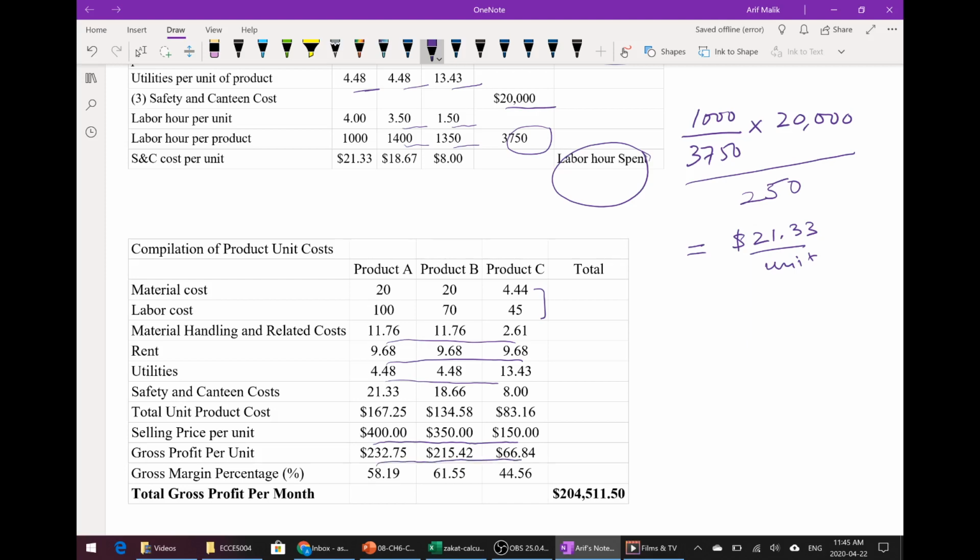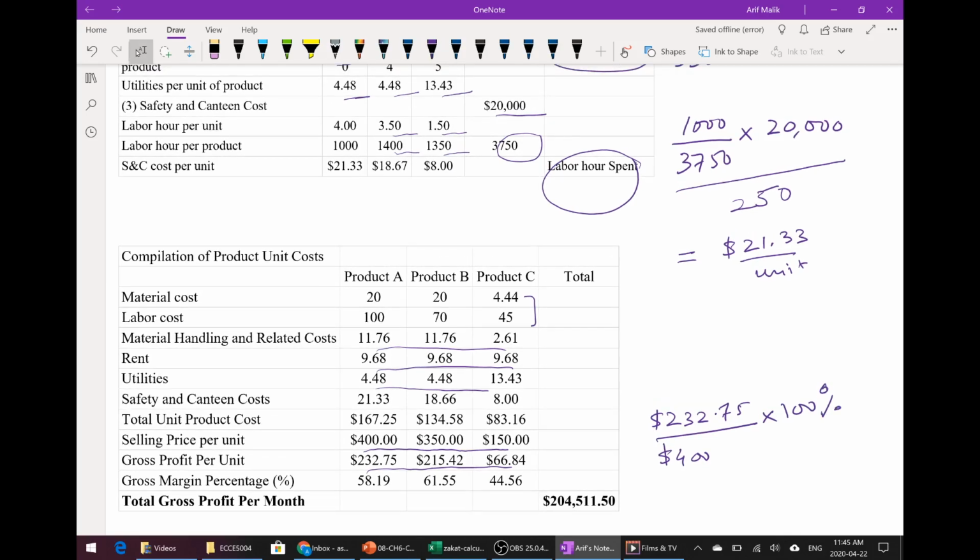All right, and then the gross margin is just the margin, which is $232.75 divided by $400, multiplied by 100% to get this 58.19, then 61.55 and 44.556.